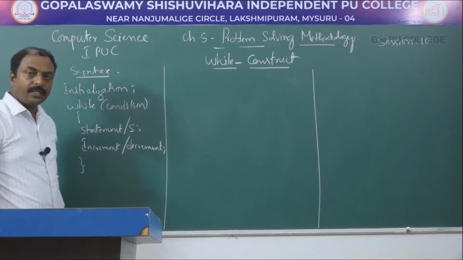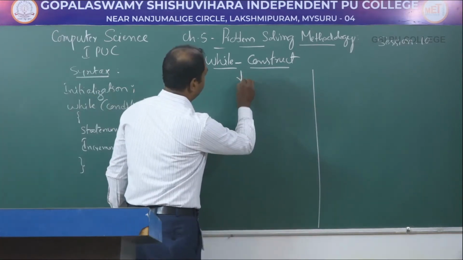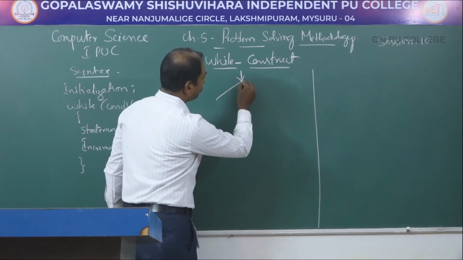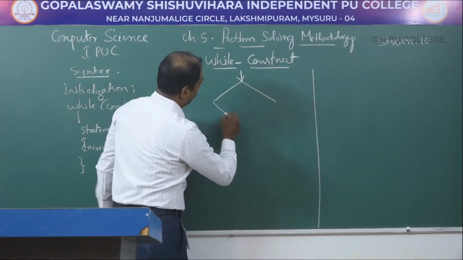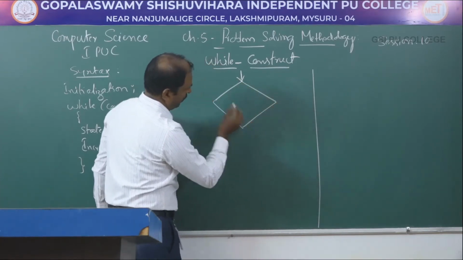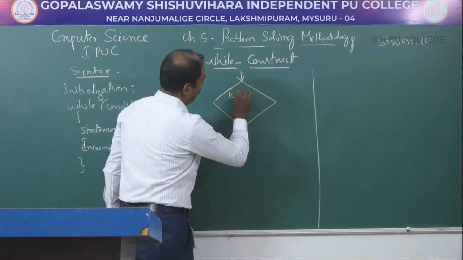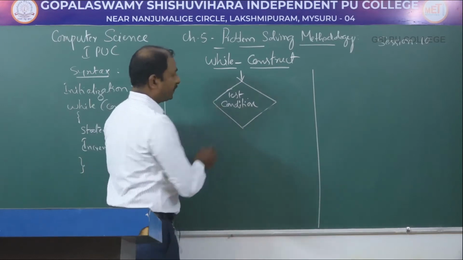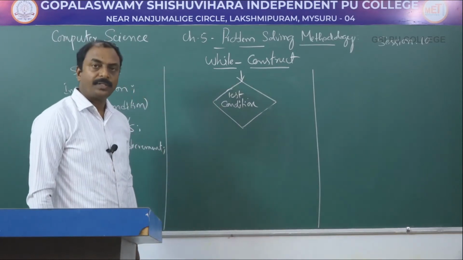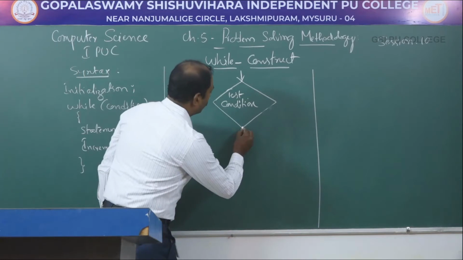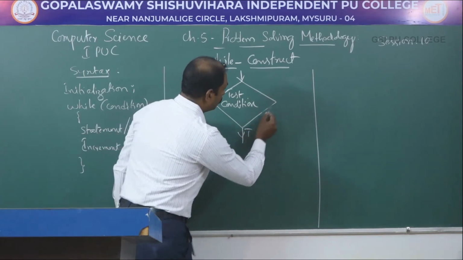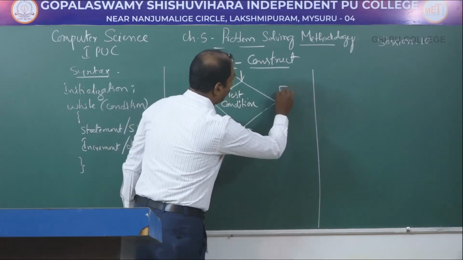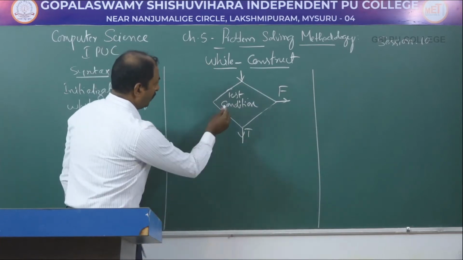Now let us see the flowchart. This is the test condition, and again it has two possible answers: one is yes or true, and the other is no or false.